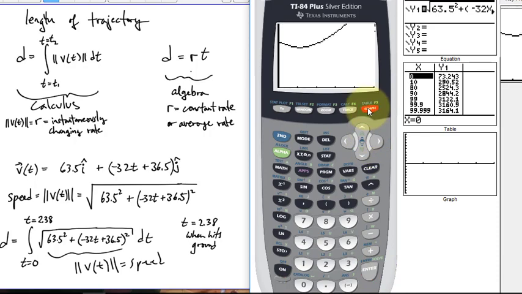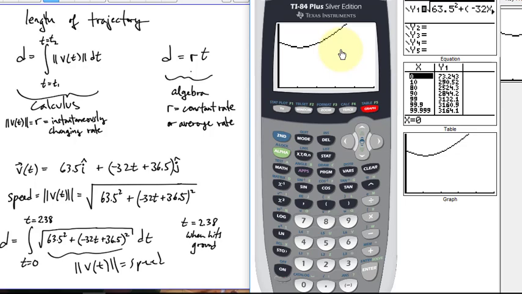So that's the speed over the first few seconds. You notice the speed comes down and then it goes up again, and it hits the ground, and so probably it no longer really is valid after 2.38 seconds. This model would only go up to that point when it hits the ground.